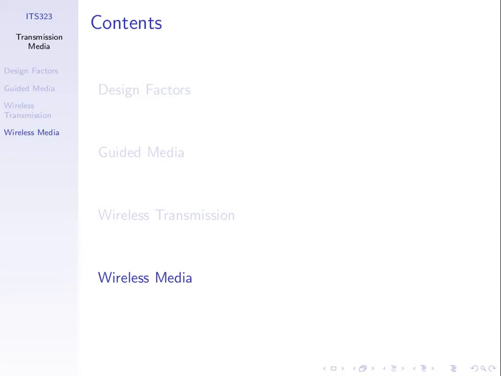GSM is the name of one of the standards used for mobile phones. The old, still used standard for mobile phones, and then it was upgraded to 3G and different variations. But mobile phone systems transmit signals in the order of 2 gigahertz, or between 1 and 2 gigahertz, depending upon the system. Others?